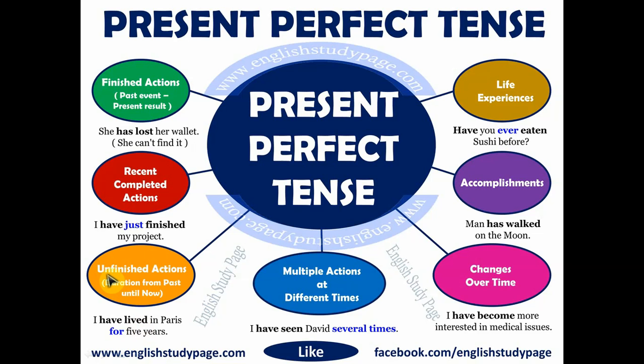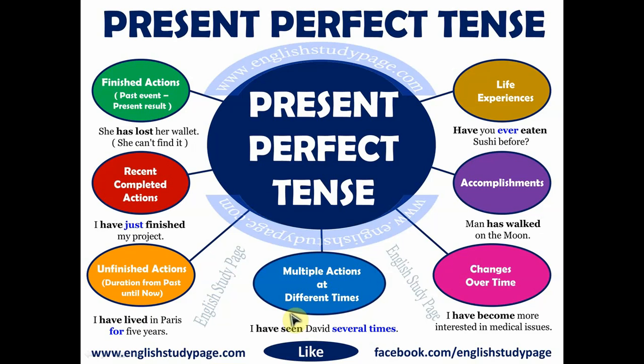Okay, as we said, with unfinished actions, duration from the past until now. For example, when I say, I have lived in Paris for 5 years. Okay, multiple actions at different times.